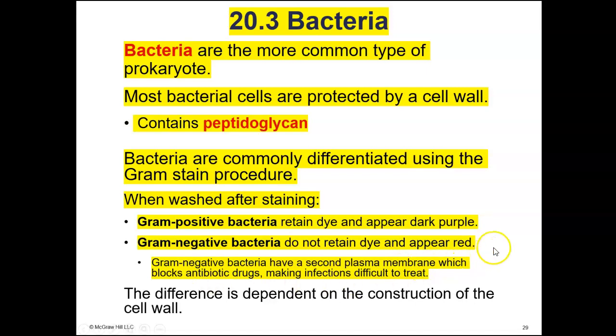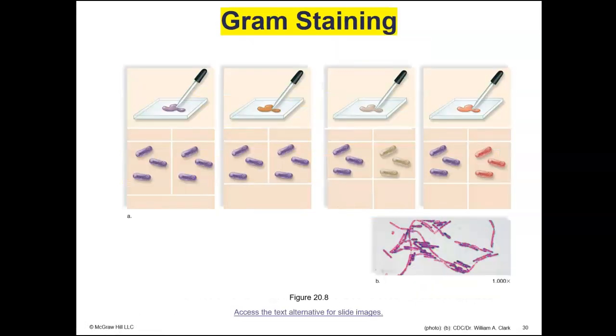We have to stain them with a different stain, and they will appear red. Actually, the stain is red, but they appear pink under the microscope. Gram-negative bacteria have a second plasma membrane that blocks antibiotic drugs, so oftentimes Gram-negative bacteria are more difficult to treat.